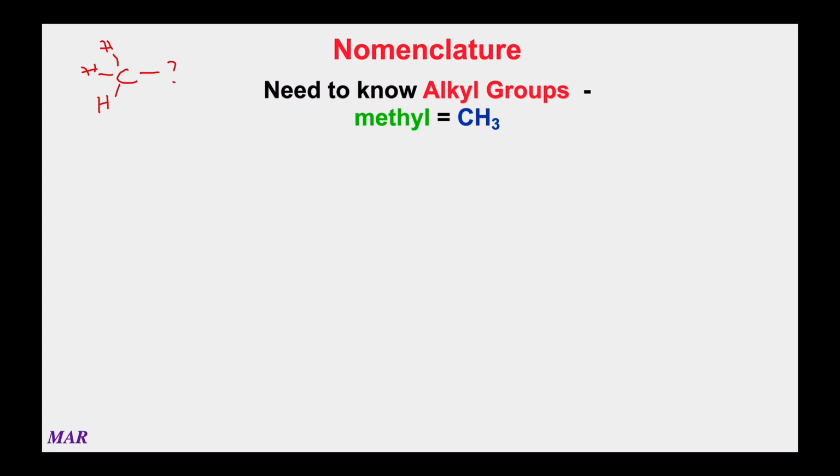So a methyl group is the simplest of the alkyl groups, and we're going to talk about it a lot. And a methyl group is just one sp3 tetrahedral carbon. The second alkyl group that we'll run into a lot is called an ethyl group. Now, an ethyl group is nothing more than a methyl group with a second tetrahedral carbon. So let me erase that question mark I put up there for the methyl group. And an ethyl group is nothing more than another tetrahedral carbon connected to the methyl group.